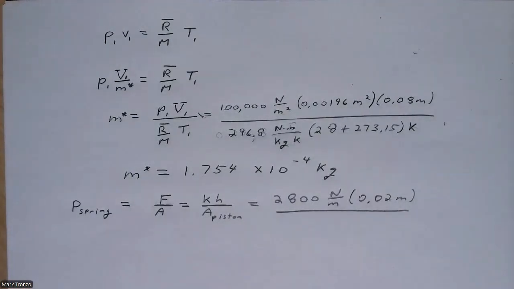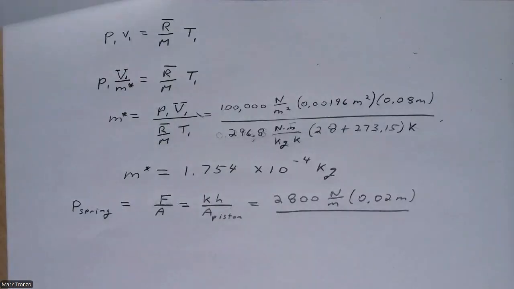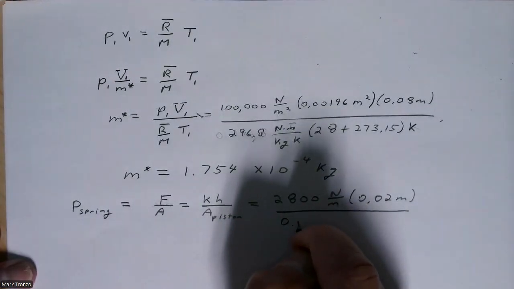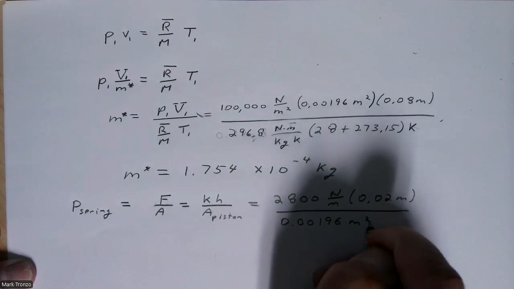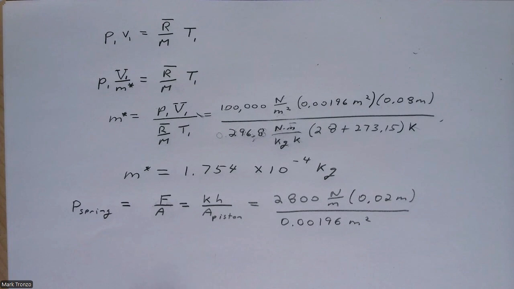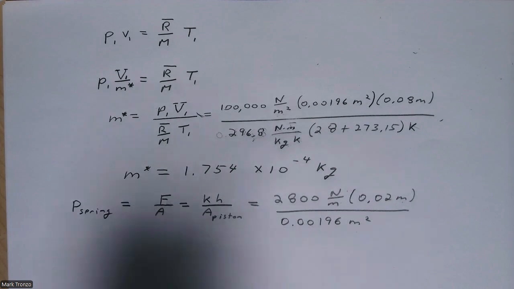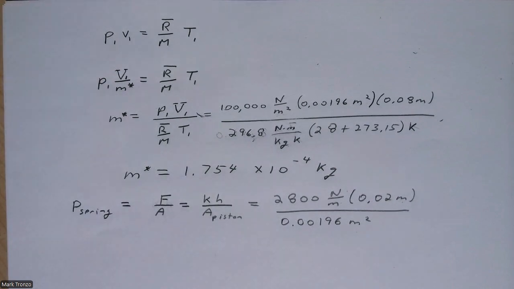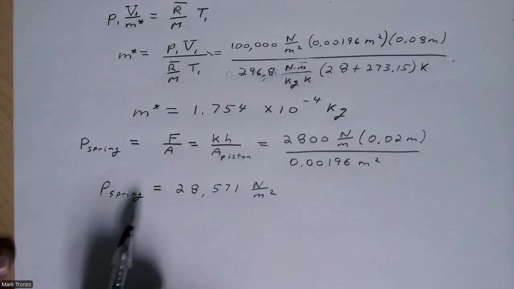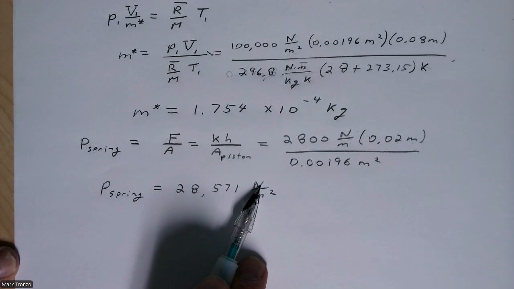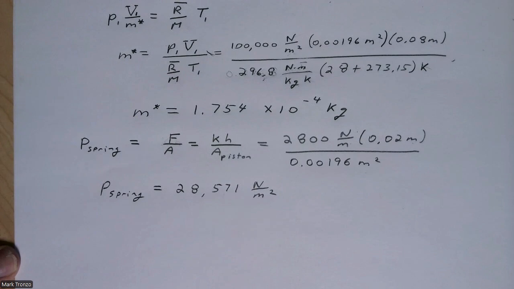We'll divide that by the area of the piston, which we found before, 0.00196 meters squared, like this. And let's see, meters cancel. Here's where we have Newton over meters squared, which is what we would expect for pressure. And so the pressure caused by the spring is going to be 28,571 Newton per meter squared.